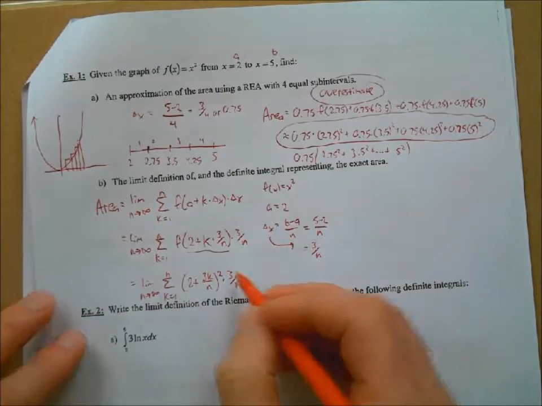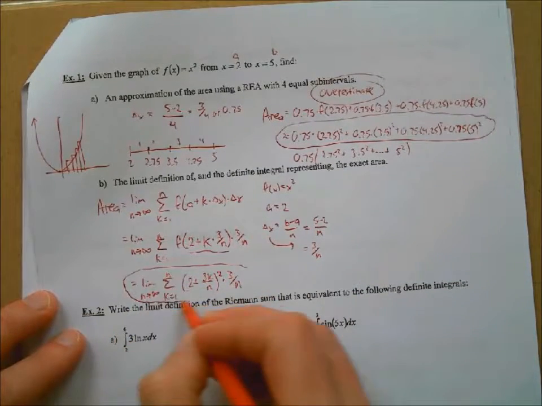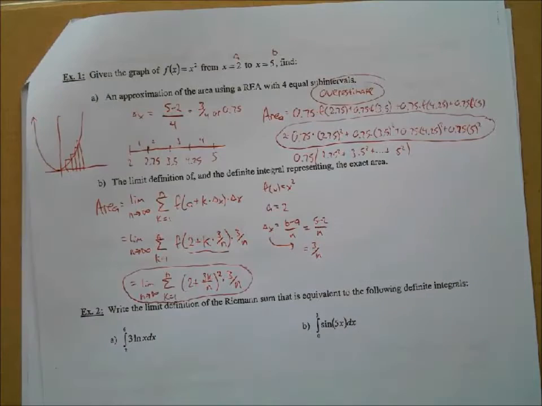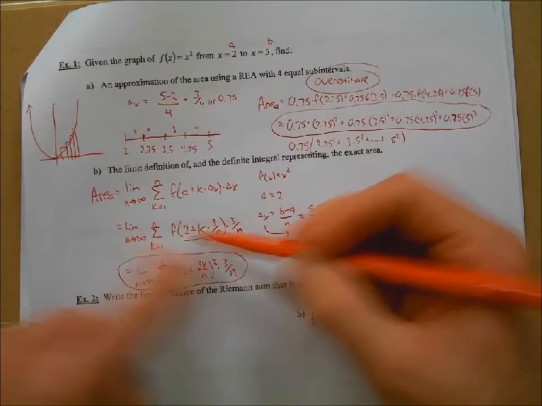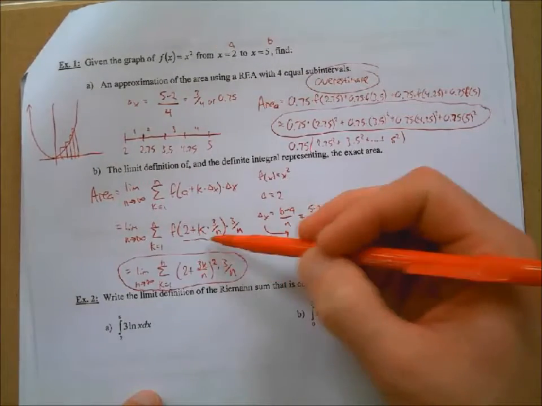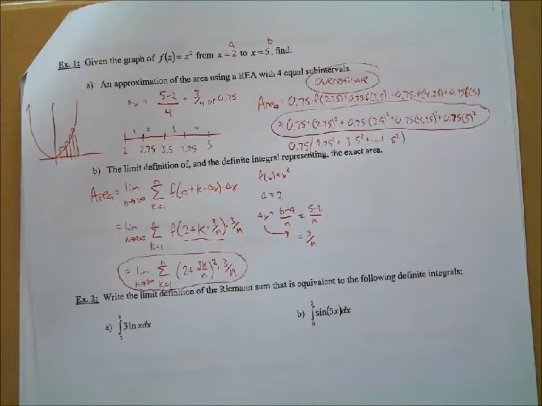Okay, so there is the limit definition of that exact area. Again, we change f of that something to be that something squared, because that's what the function is: x squared. So there's the limit definition.